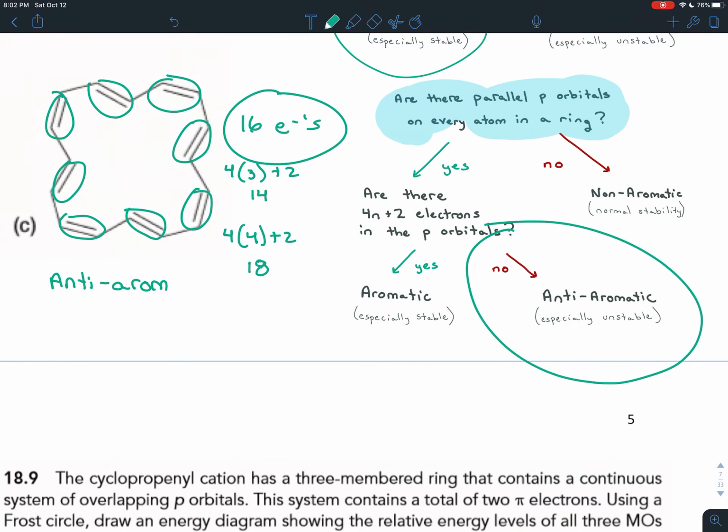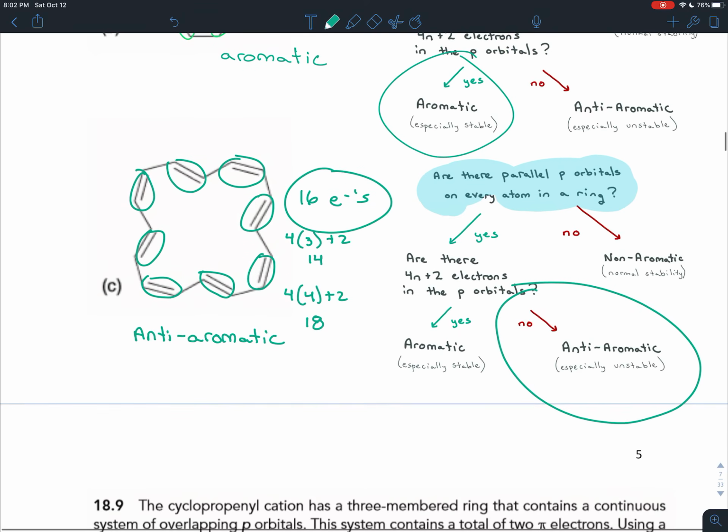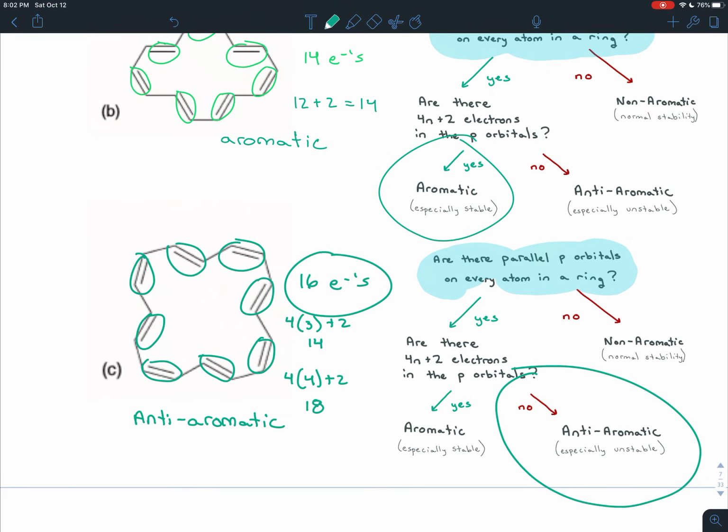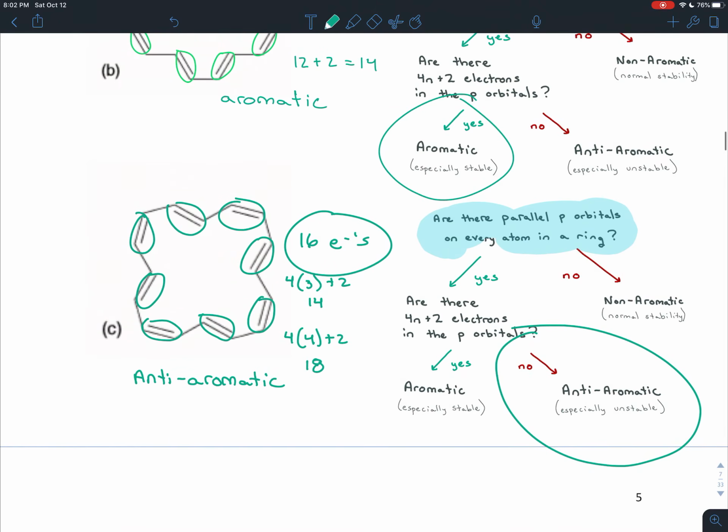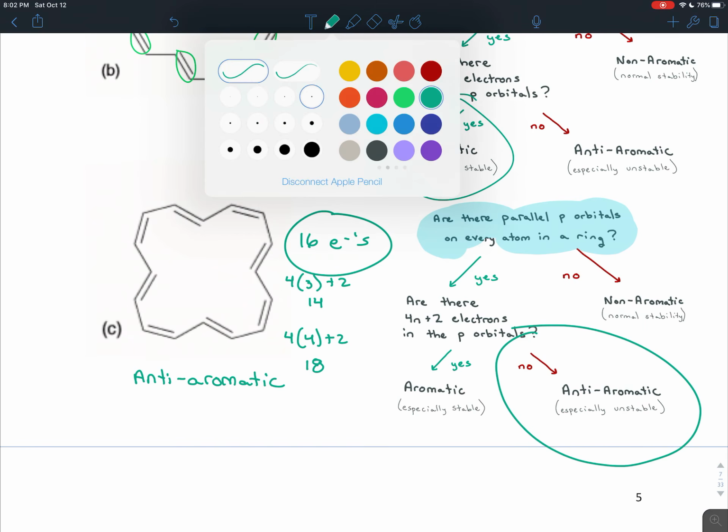Now in rings that are this large, most of the time if you have a small ring and it's anti-aromatic, it'll just react with something. So the species just won't exist for a long time. But if you have this large of a ring, usually what will happen is the bonds will rotate enough so that those p orbitals start to point in different directions.